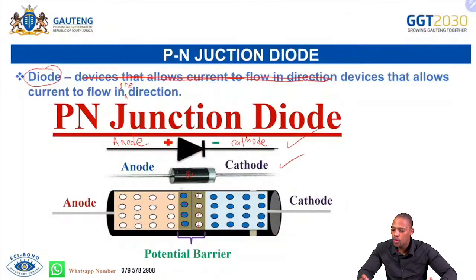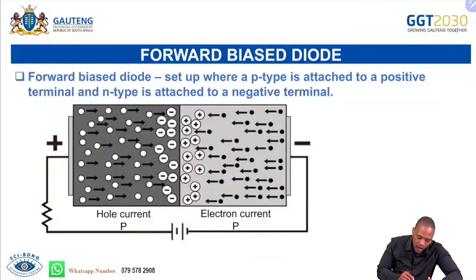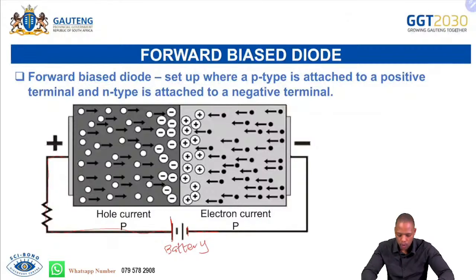Okay, so what can be done to make this diode work? Now we can simply say, let's connect this to an external power source, right? Like a battery. Let's bring in a battery, an external power source now. Why are we bringing in a battery?